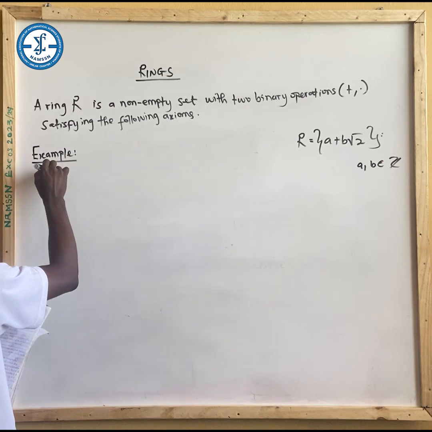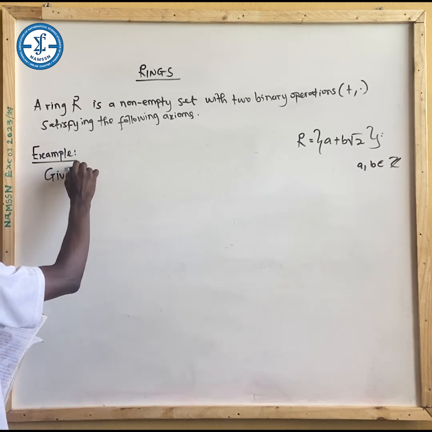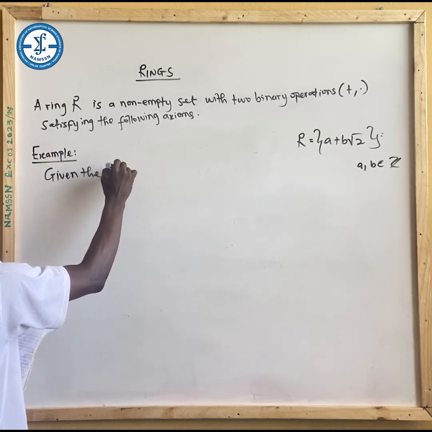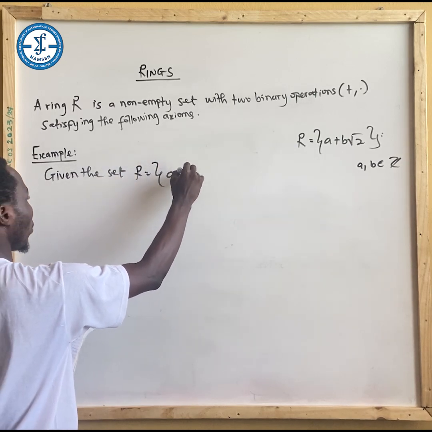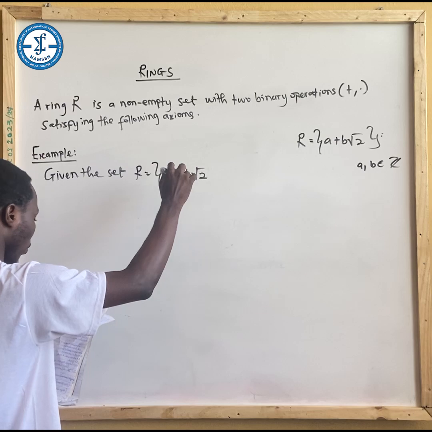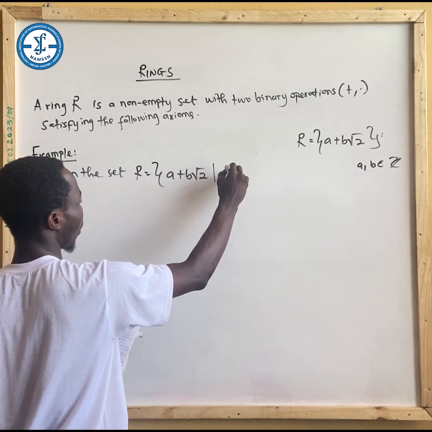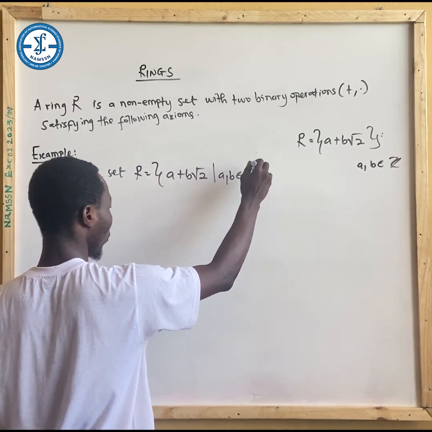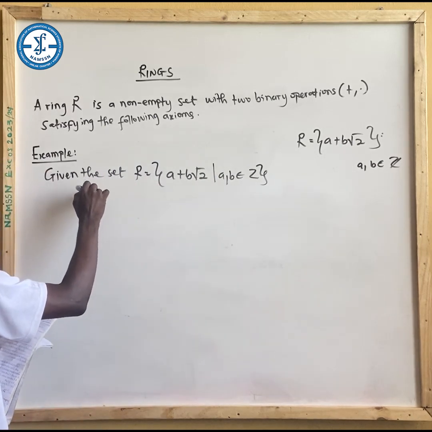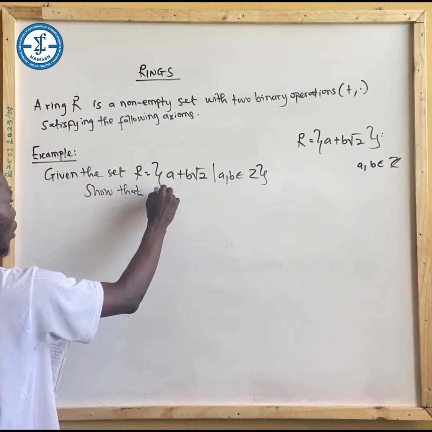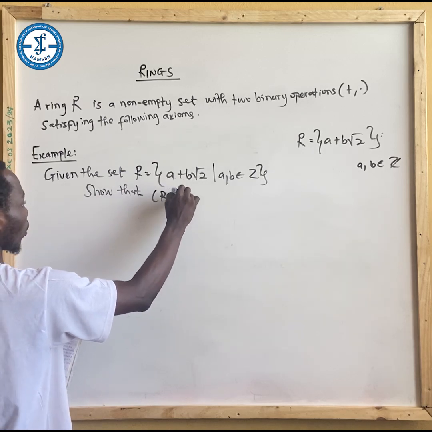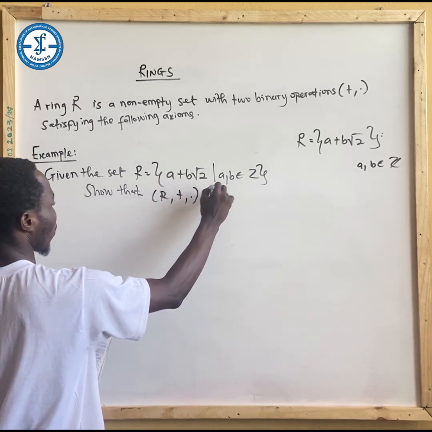It said, given the set R = {a + b√2 such that a, b are integers}, show that R is a ring.